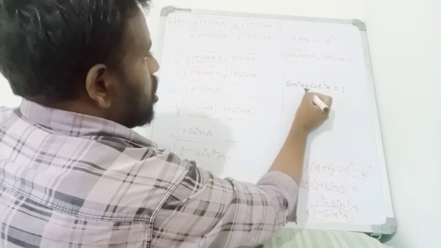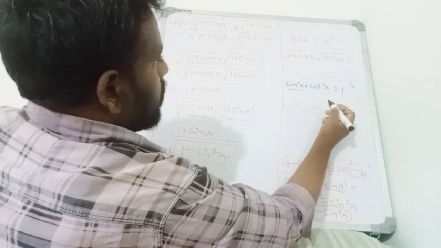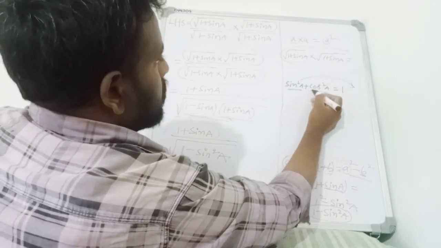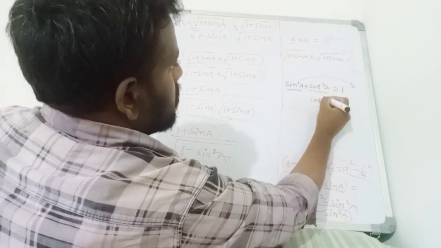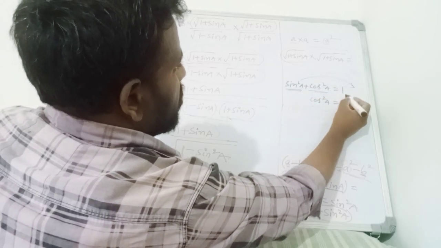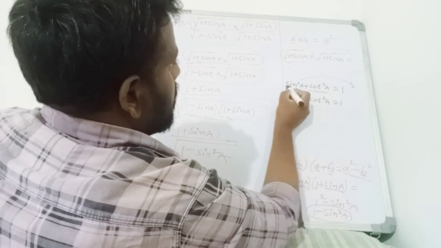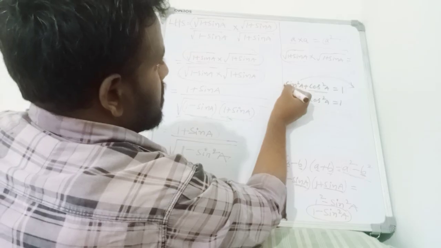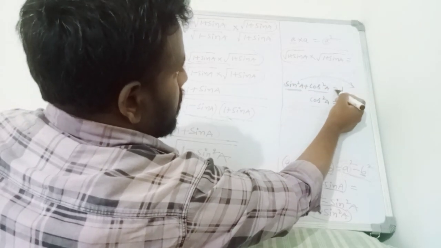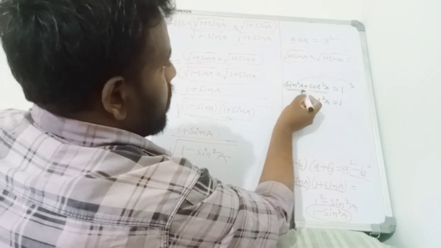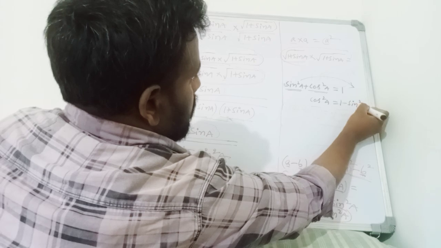See, if you move this sin square A to this side, keep cos square A as it is. When sin square A moves to this side, it becomes minus sin square A. Here nothing means plus is there. When plus sin square A is moved to this side, after the equal sign, plus sin square A becomes minus sin square A.